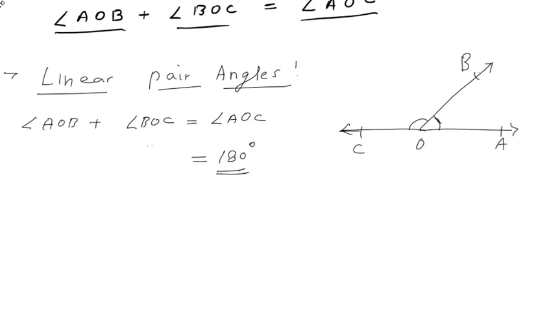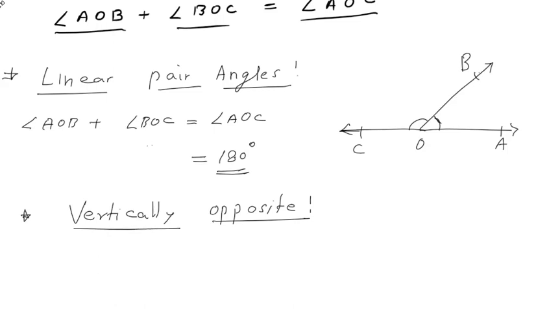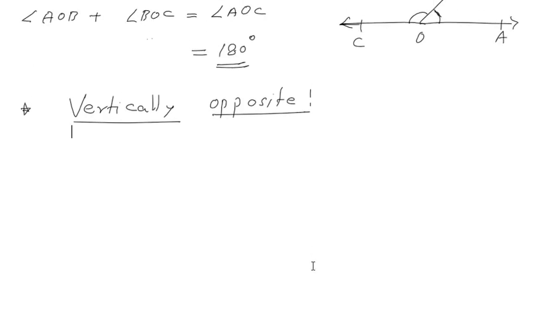Next topic or next definition is vertically opposite angles. So when two lines intersect each other, like this is one line and this is another line, they are intersecting each other.